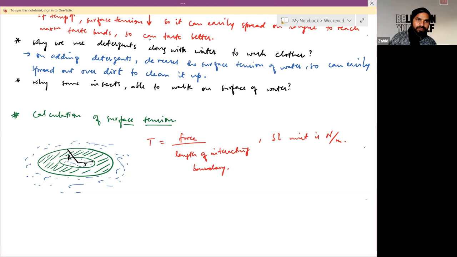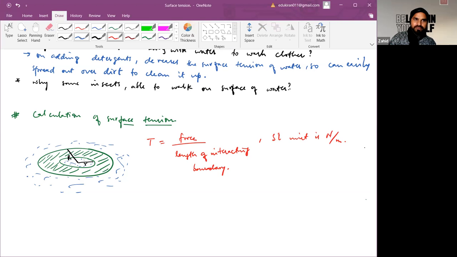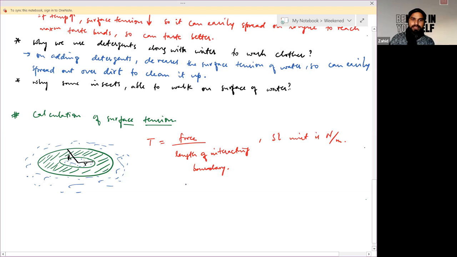So now let me define the formula for calculation of surface tension for this part. It will be equal to force divided by the length of its interacting boundary. So one inside and the other outside.